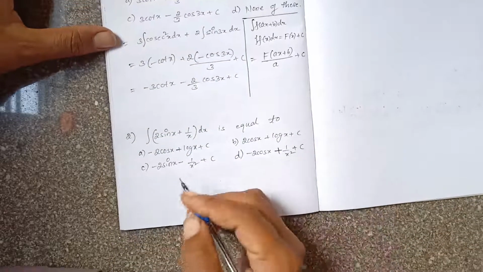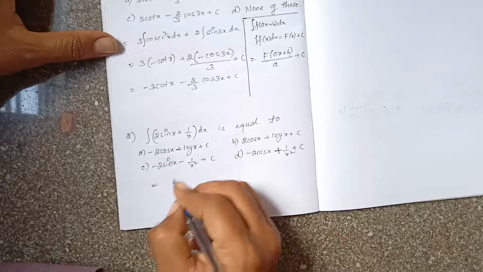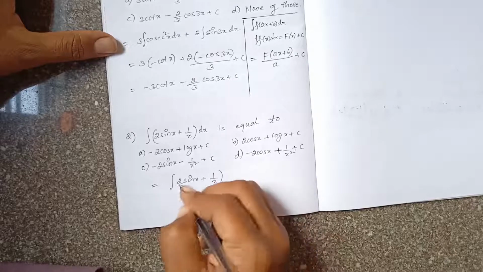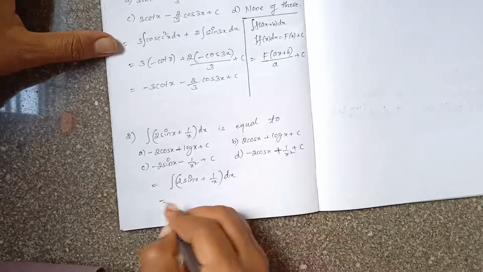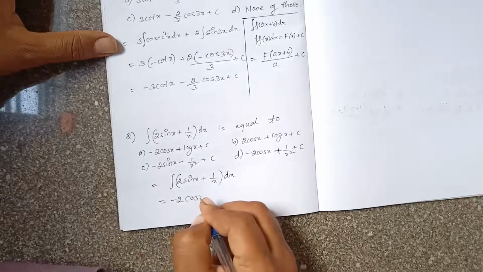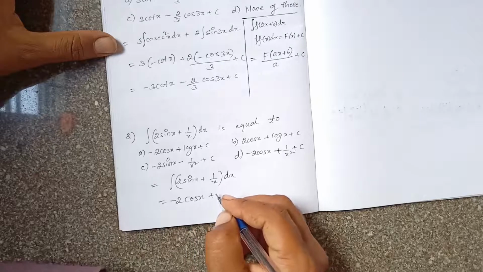Now answering the second question. Simple one, it is direct. Integration of 2 into sin x plus 1 by x with respect to x. 2 as it is, integration of sin x is minus cos x. I will write it as minus 2 cos x plus integration of 1 by x.